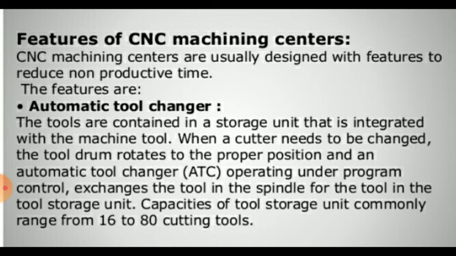When the cutter needs to be changed, the tool drum rotates to the proper position, and an automatic tool changer, that is ATC, operating under program control, exchanges the tool in the spindle for the tool in the tool storage unit. So capacities of the tool storage unit commonly range from 16 to 80 cutting tools.